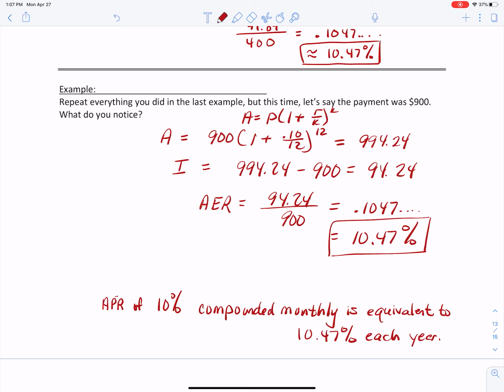So what that means is if you were to deposit a certain amount into an account and they paid you 10% compounded monthly, if you look at how much you have gained every year, it would be 10.47% of the original every year. So there is a relationship between the interest rate that we compound and the interest rate that we earn every year. And it turns out it's the same regardless of the principal.